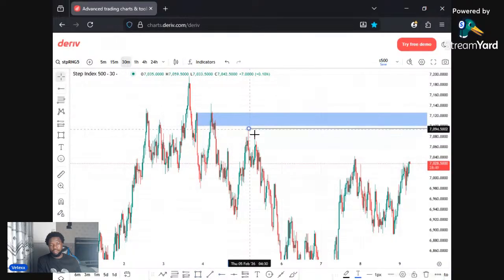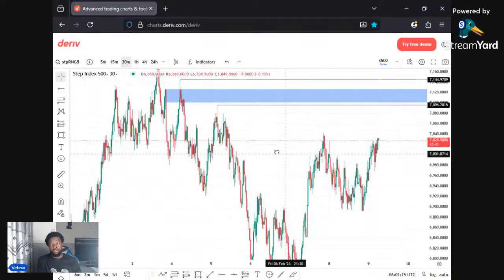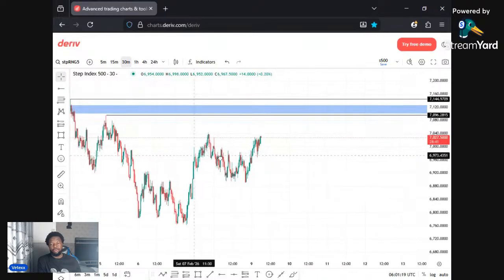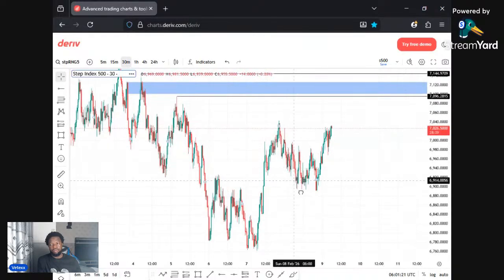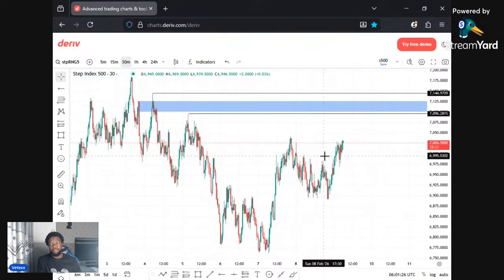So we anticipate this at Step 500. When price comes into this zone, we can sell. So be on the lookout for this Step 500 and then wait for it.